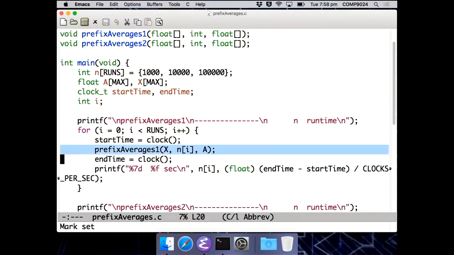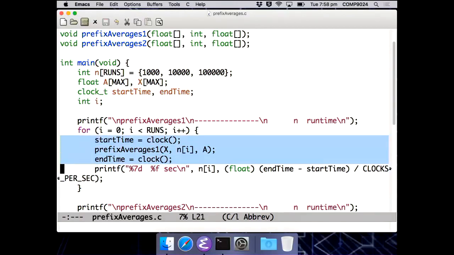It computes the prefix averages here, and everything around it is using some C functions that take the actual clock of my central processing unit and then take the end time, subtract the start time, and divide this by a constant that is defined in one of the libraries that I'm loading here, the time library, which tells me the clocks per second. And that gives me a rough idea of how much time the processor spent on exactly that particular problem to get from here to here.